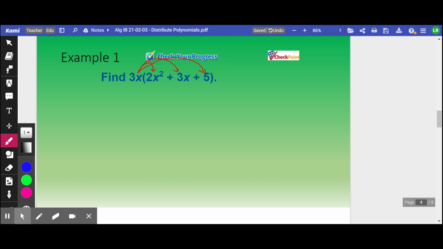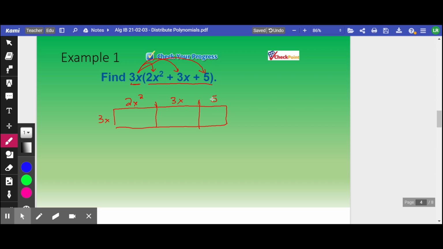I have one thing multiplied to three things, so I need space for three things on the top and space for one here. In the space with one, I put my 3x. On the side that has three, I put my trinomial: 2x squared, 3x, and 5.